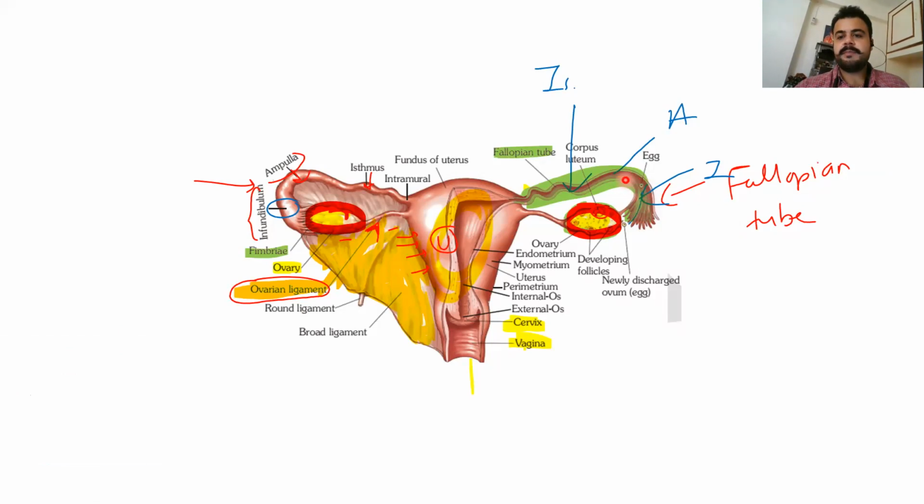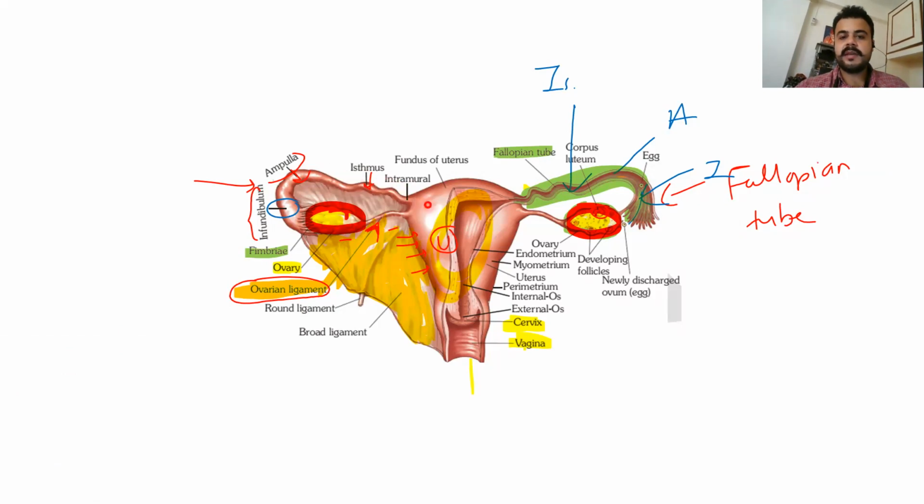Then this is the ampulla part. Now this is the narrower part, as you can see, isthmus. This is the broadest part, the infundibulum, and this is slightly wider, the funnel shape down, the ampulla, and then we have this isthmus. Isthmus is a narrow part.